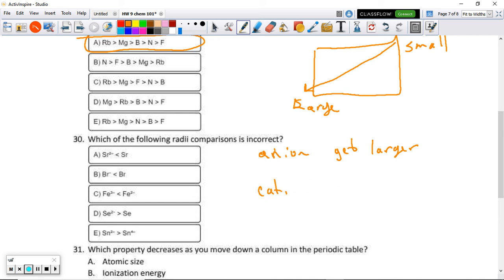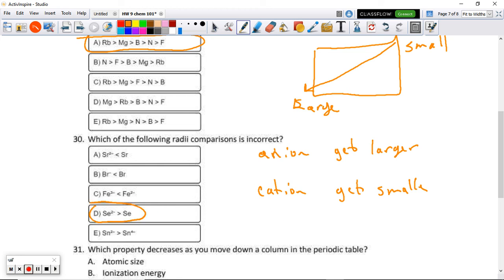Cations get smaller. So what we're looking for is either a cation saying that the cation is less than the normal state, or we're looking for an anion saying it's greater than.